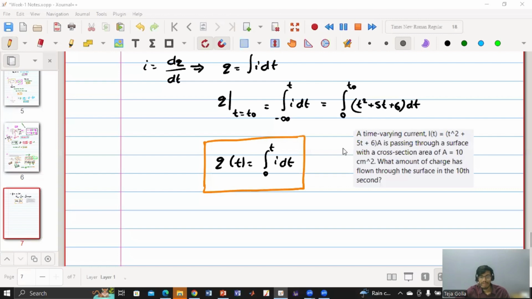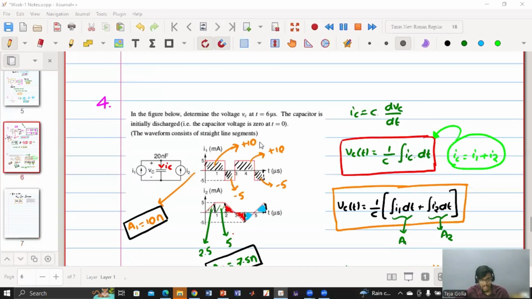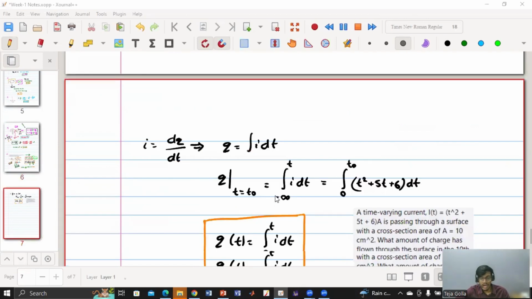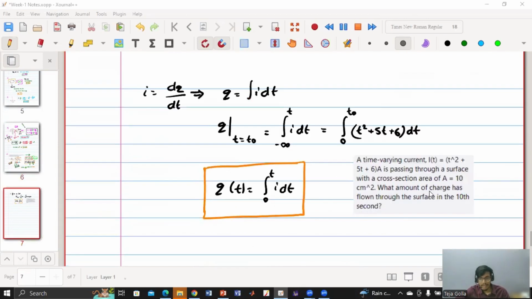So current will have such a graph. So the area under the graph until time t is equals to 10 will give the charge. So it is not that we are just integrating, but the instantaneous value of the charge depends upon the past value of the current. So it has a memory. It is not that it is not instantaneous. Is it clear? As it is having a memory, it depends upon the past values also.